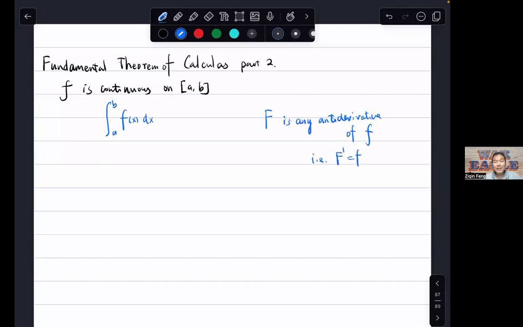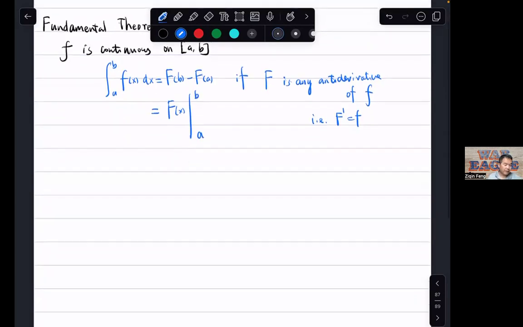Then you can use the antiderivative to evaluate this definite integral. So this is F of b minus F of a. A shortcut for that is F of x, straight line, plug in b, plug in a. That means F of b minus F of a.